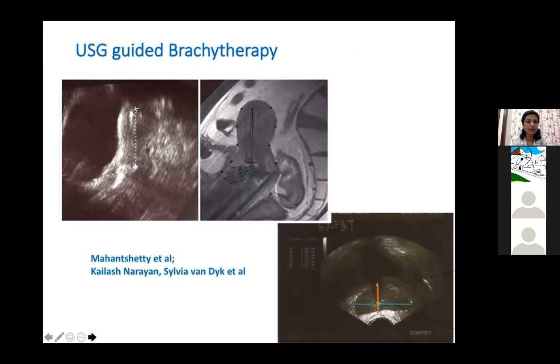So ultrasound guided brachytherapy has been used mainly by the Peter MacCallum Center in Australia, and also by Dr. Umesh at TMH. So people have used transabdominal and transrectal ultrasounds both to have a measure of the tumor. Some have used the applicator and have measured the uterus.